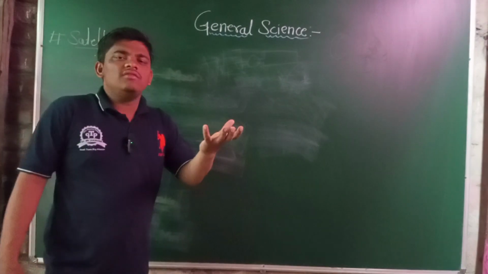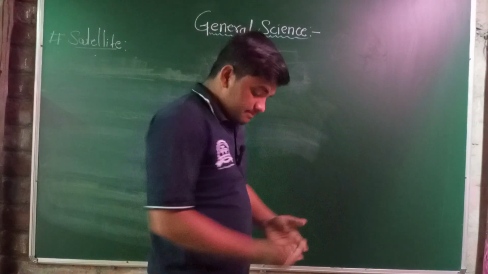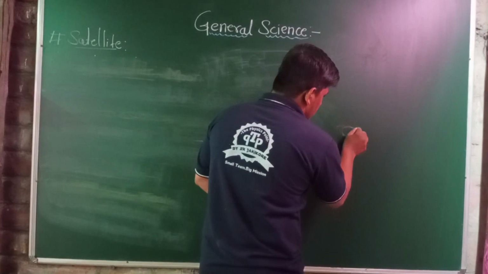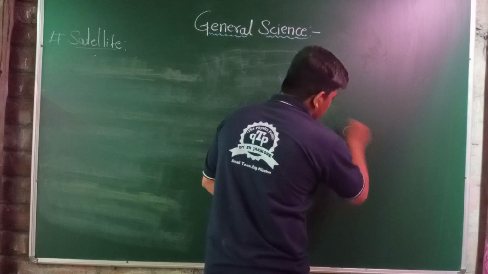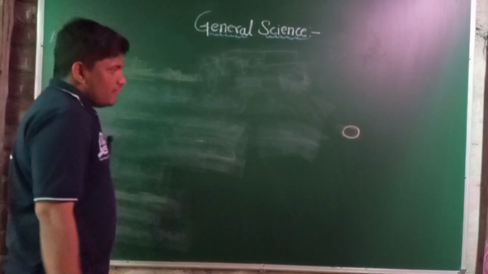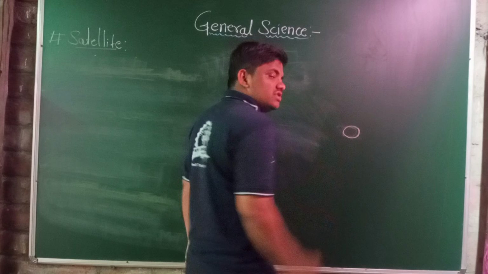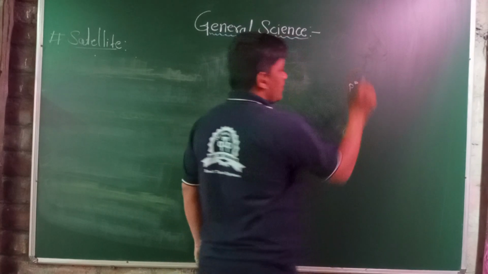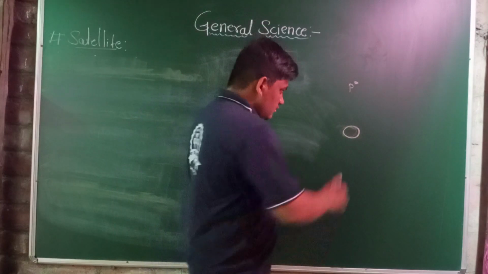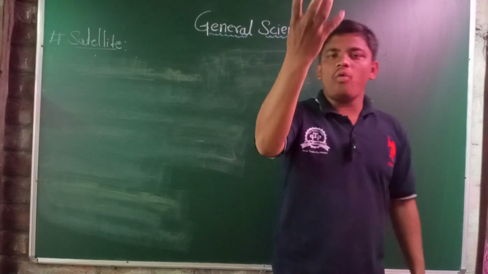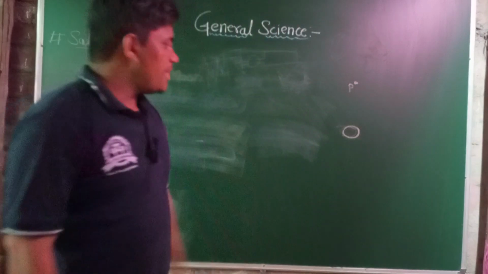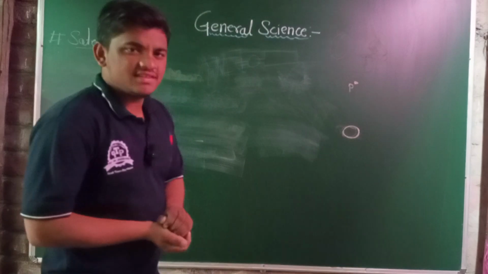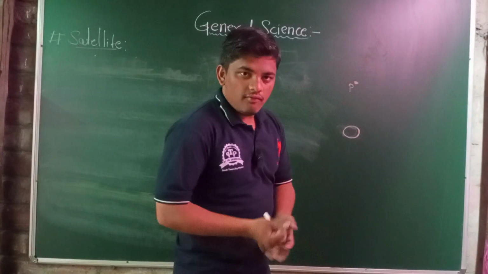Whenever we launch a vehicle or rocket, consider this is our earth, and we launch the satellite vertically from this point P. We give a certain velocity or force to the rocket in the vertical direction. At that place the gravitational force is much less.